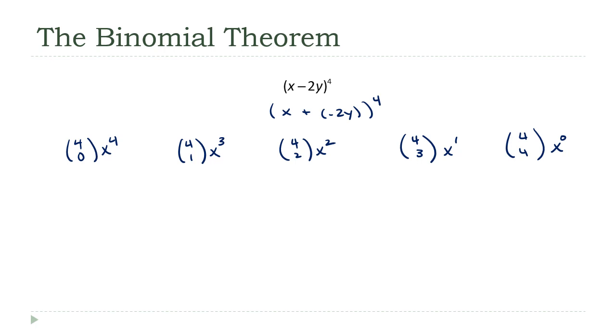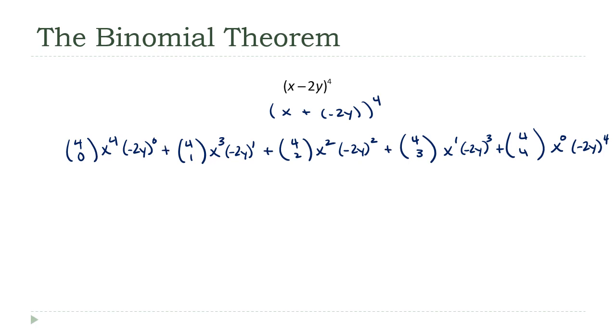Now I'm going to do the same thing with the minus 2y's. Minus 2y to the 0, minus 2y to the first, minus 2y squared, minus 2y cubed, minus 2y to the fourth. Add them all together.